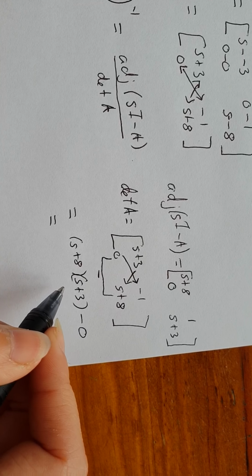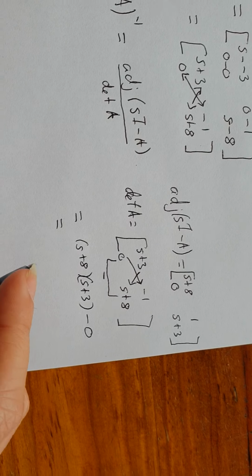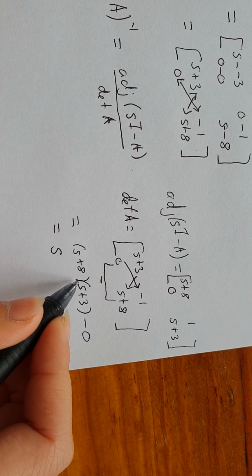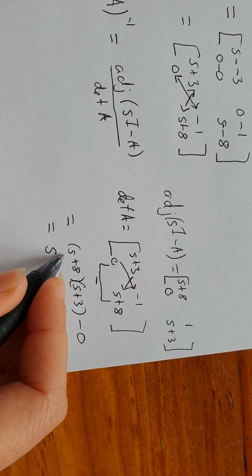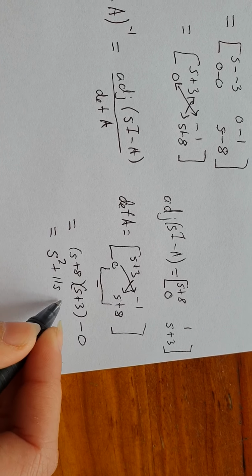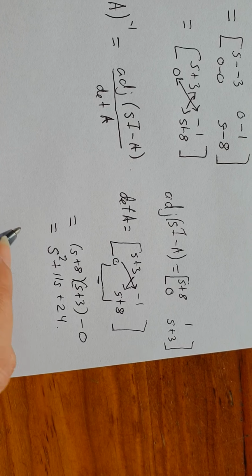Well, you can expand this, just so you know, but we're going to leave it in this form because it's more useful for calculation. But I'm just going to write the expanded form just so you know.